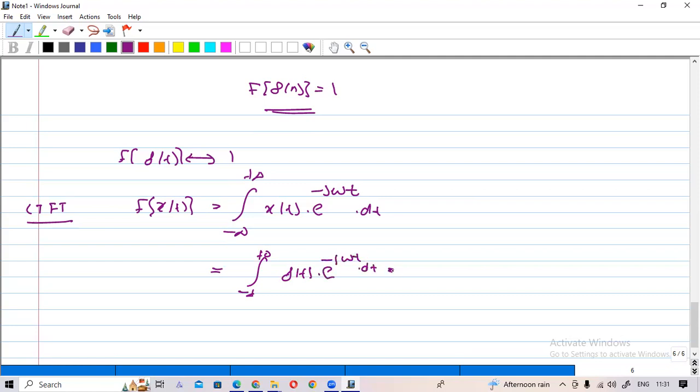You know that property: the integral from minus infinity to plus infinity of x(t) delta(t minus t naught) is equal to x(t naught).